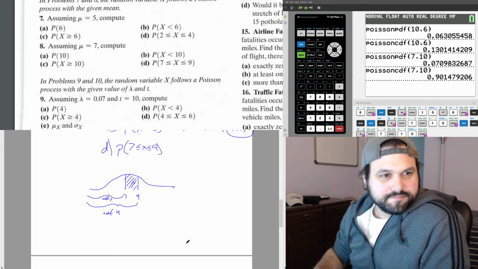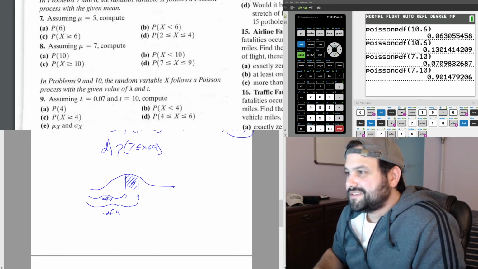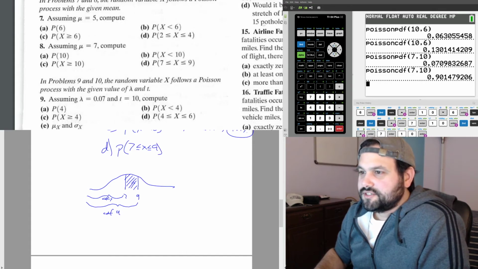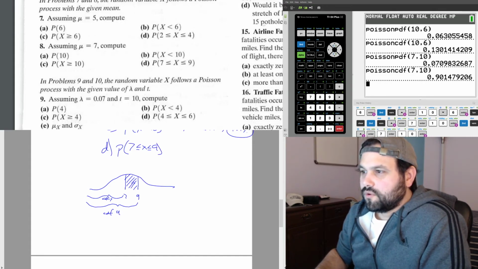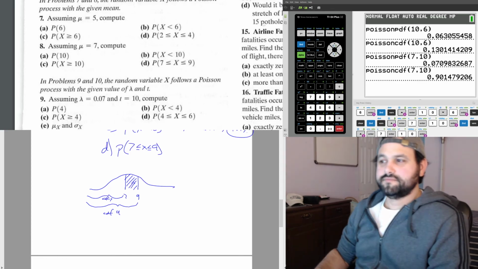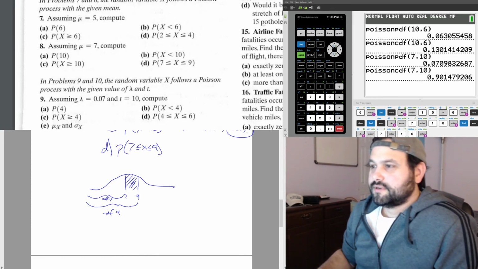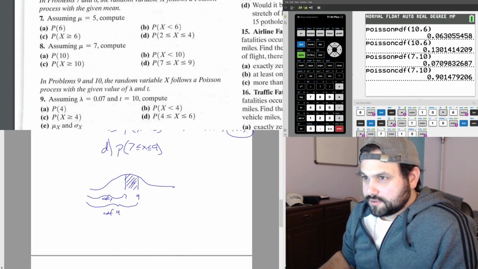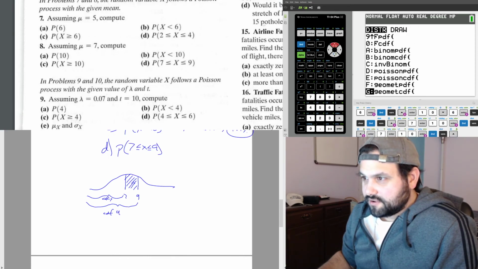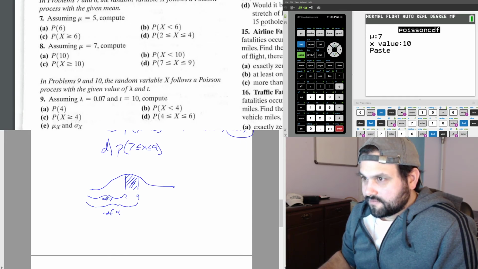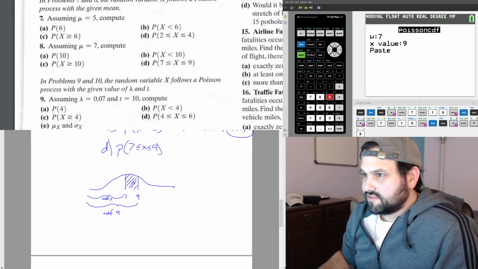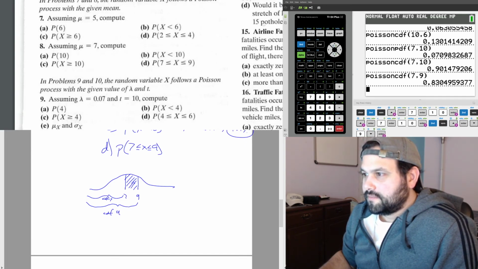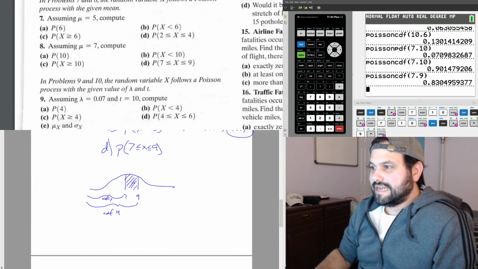So let's do our CDF for 9. Actually, we don't have our CDF for 7, sorry. I was looking at it the wrong way. Okay, here's our CDF for 9.